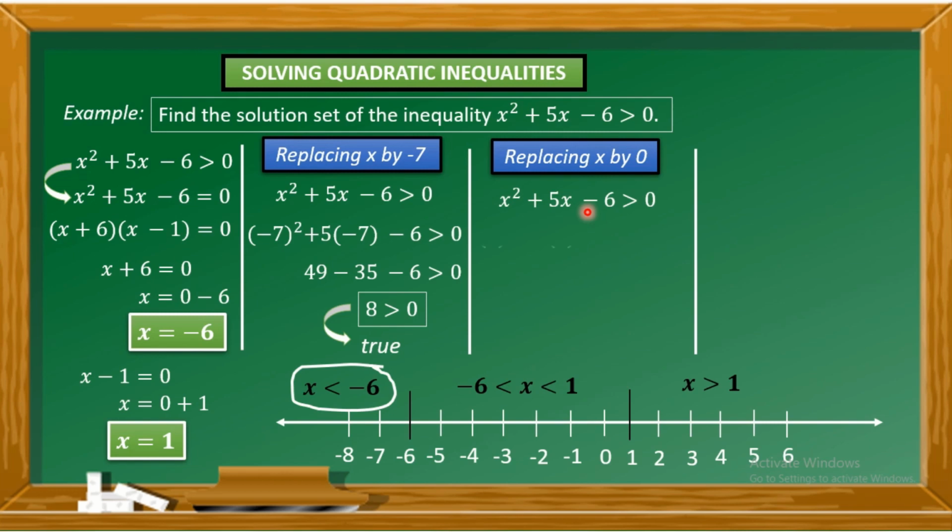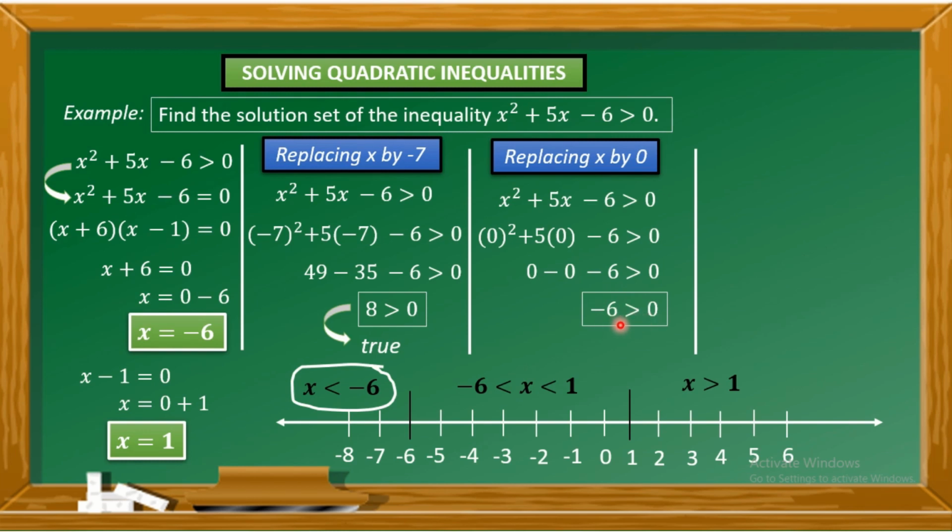Replace all x by 0 and simplify. 0 squared is 0, 5 times 0 is 0. Sorry, it should be plus 0. And then minus 6. The final answer is negative 6 is greater than 0.